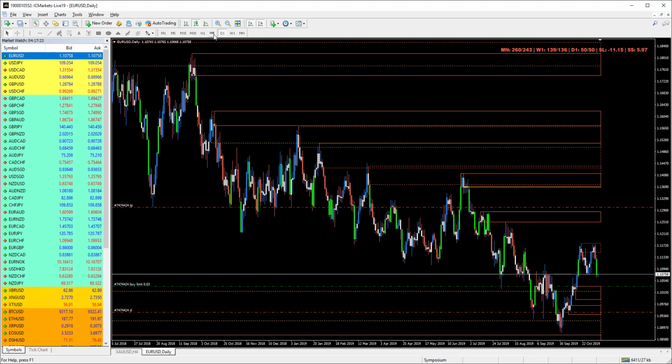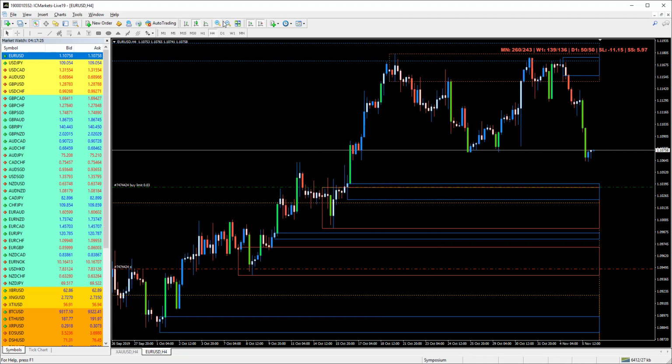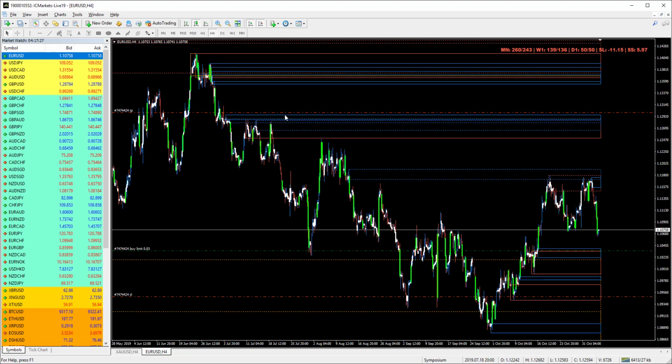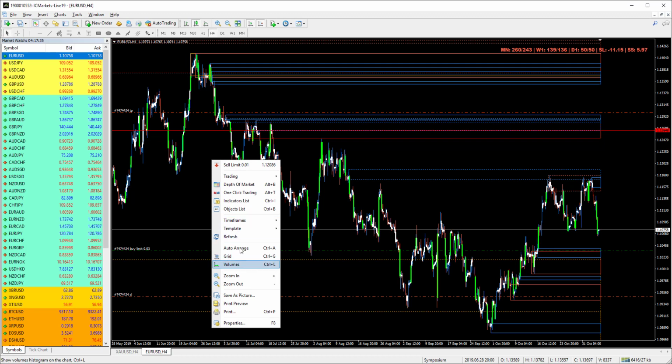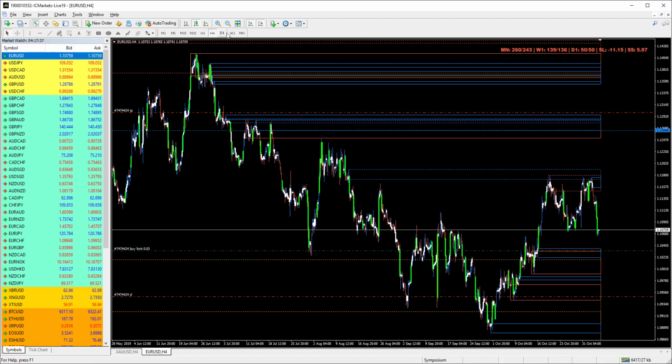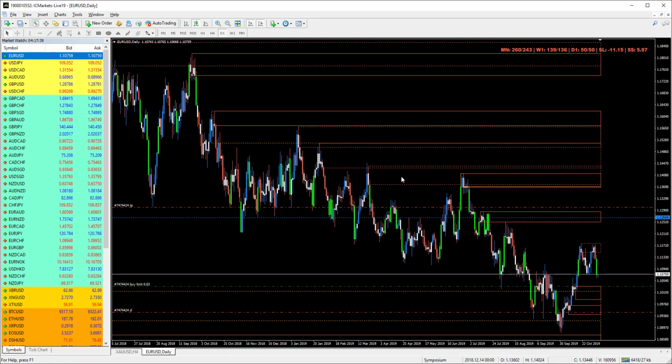So notice on the 4-hour chart, if we zoom out, we had a lot of trading here, and so on the 4-hour chart, these boxes start here, and on the daily chart, this is located within this daily level. And so last time price was here, we had a test almost, and then price left.